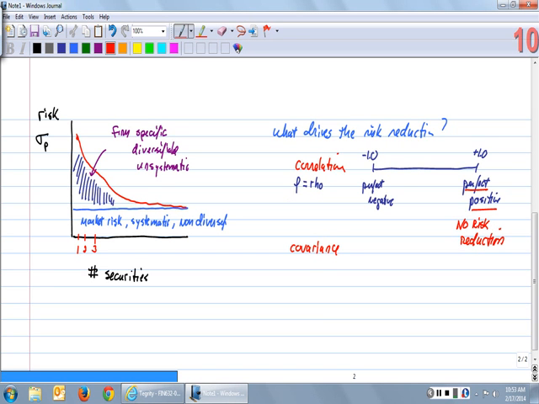Because what we're looking for in correlation, in diversification, is that if we're holding a portfolio and one of our stocks goes down, we don't want all stocks going down at the same time, right? We want another stock that's not going down at all, maybe, or maybe it didn't move, or maybe it went up. That would offset some of that risk. But if our assets are always moving in the same direction, there's no risk reduction from forming that portfolio. If our assets are always moving in the opposite direction, that's where we would get maximum risk reduction.